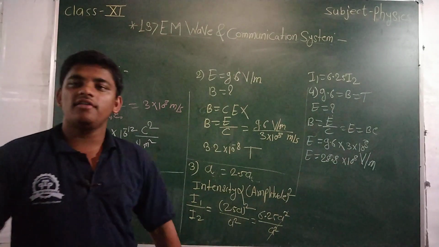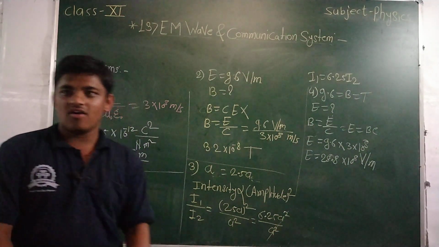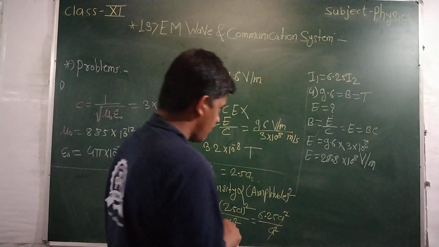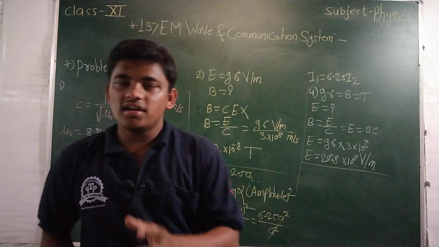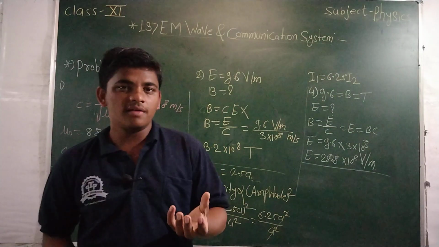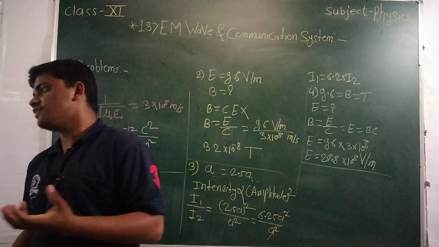Then the magnetic field along the x-axis. I will read the problem. The magnetic field along the x-axis, that is B, is 4 into 10 raised to minus 4.